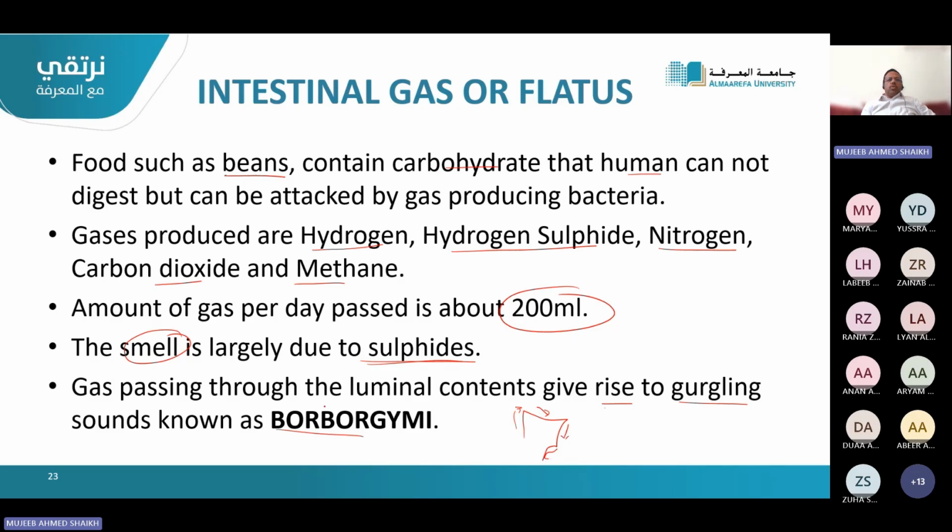This sound is known as borborygmi. How do you pronounce borborygmi? Borborygmi is the sound which a person can easily hear from the abdomen, without using a stethoscope, because of the passage of gases moving inside the large intestine.